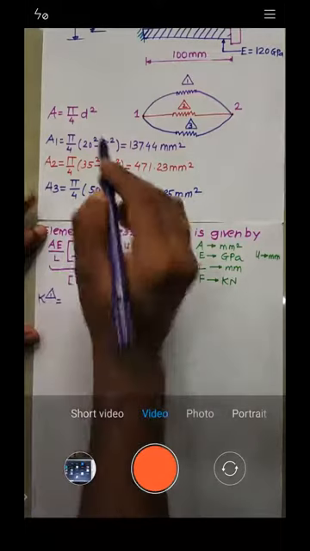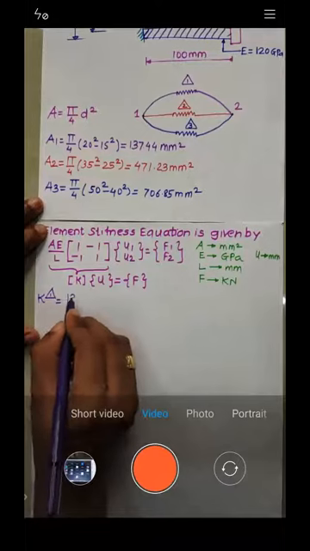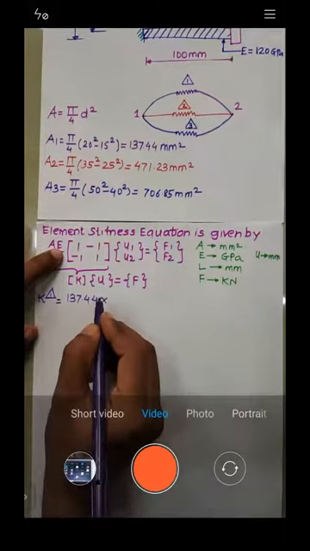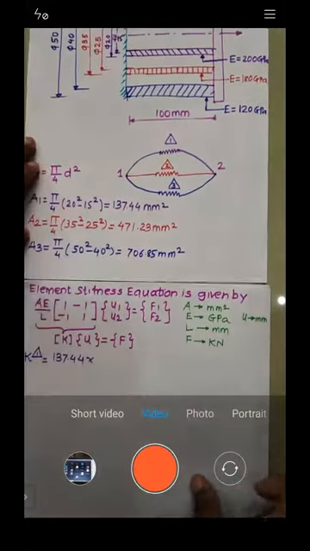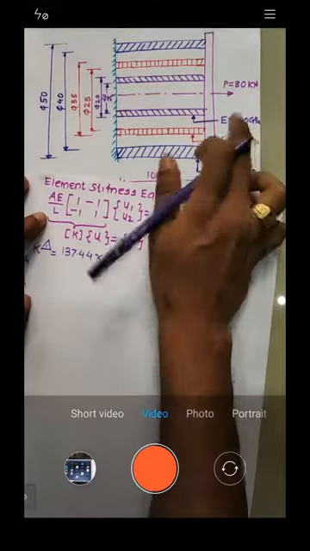The area of element number 1 is 137.44, into E of element number 1. Let me check that. E of element number 1, the inner element, is 200.